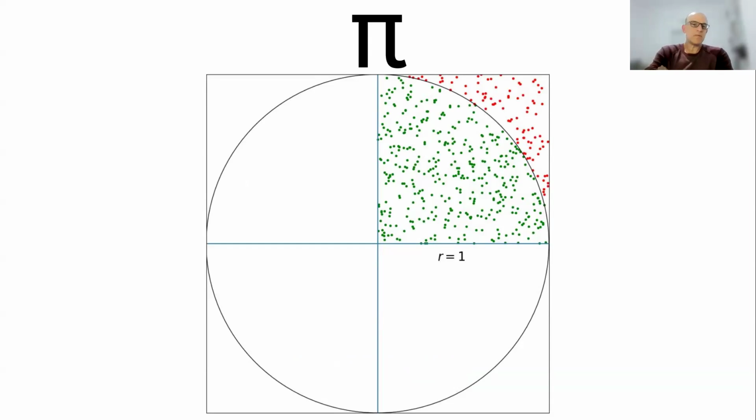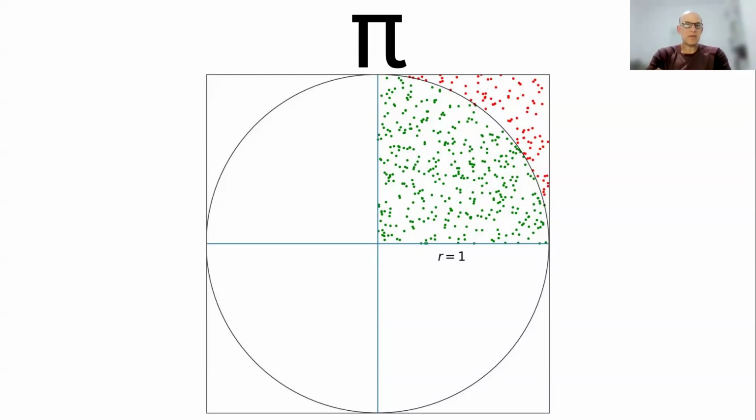And we're going to start getting random dots. If the dot falls in the circle, I'm going to paint it green. And if it falls outside of the circle, I'm going to paint it red. Once I've done it enough times, I can calculate the ratio between the green dots and the red dots. And this ratio is a quarter of pi.